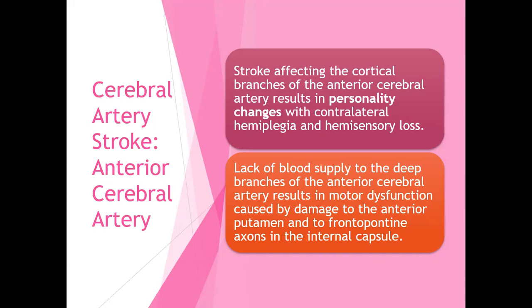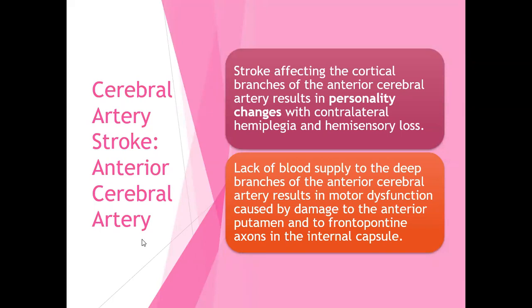Lack of blood supply to the deep branches of the anterior cerebral artery results in motor dysfunction caused by damage to the motor areas. You don't have to remember specifically what they are, but in the frontal lobe. So remember how in the motor chapter we talked about a motor act gets initiated in the anterior frontal lobe? If that's affected, that's going to result in motor dysfunction.